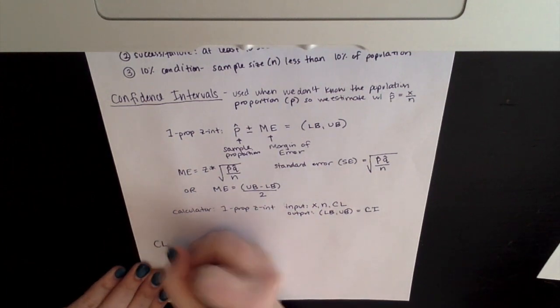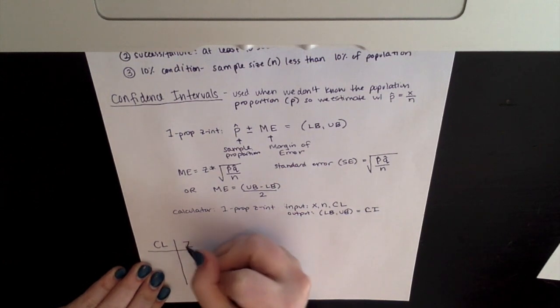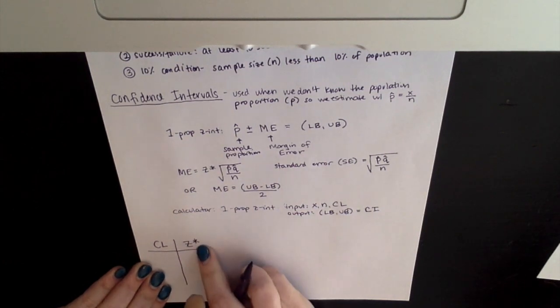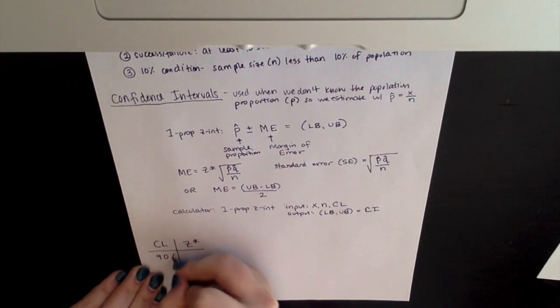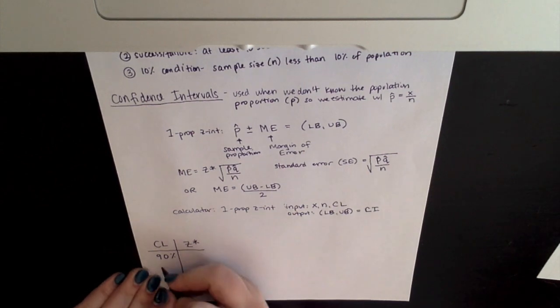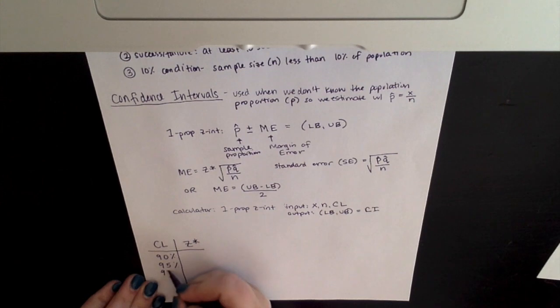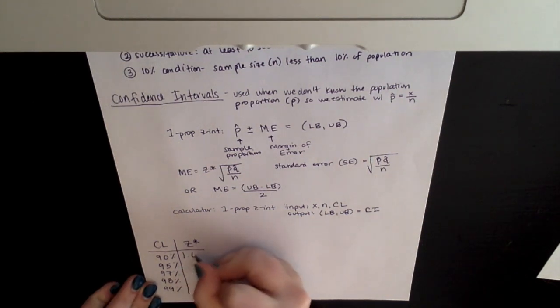I have a confidence level provided in the problem, and each confidence level has an associated critical value to go with it. This is a z-score that has this percentage of data in the center of the distribution. So this is 90, 95, 97, 98, and 99. These are the typical levels of confidence we would see in my class.